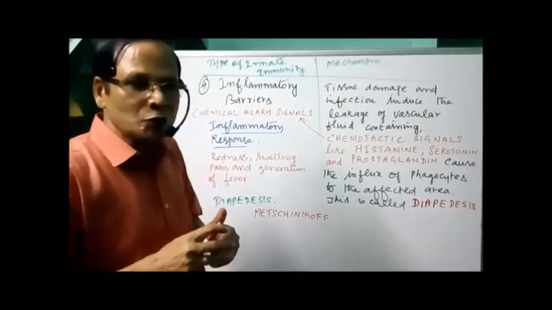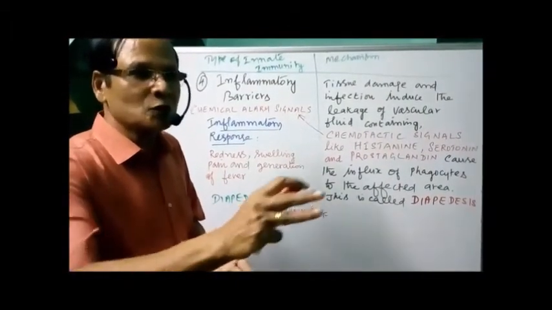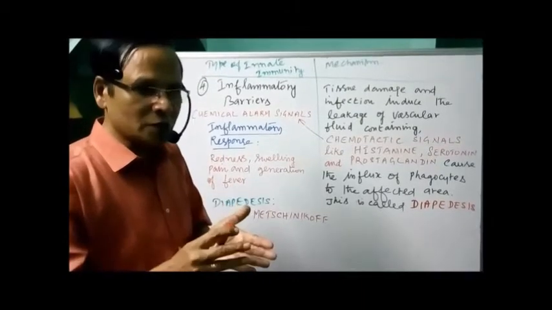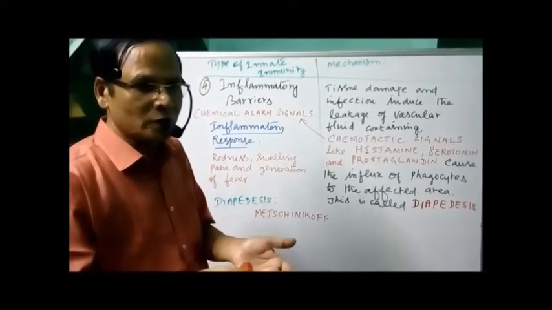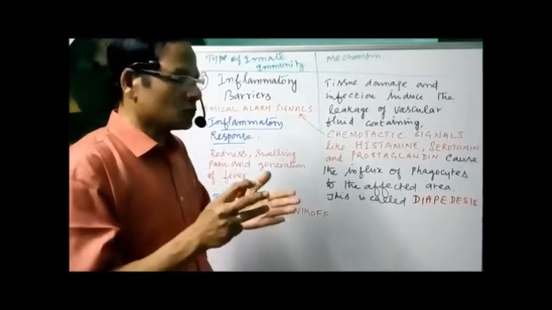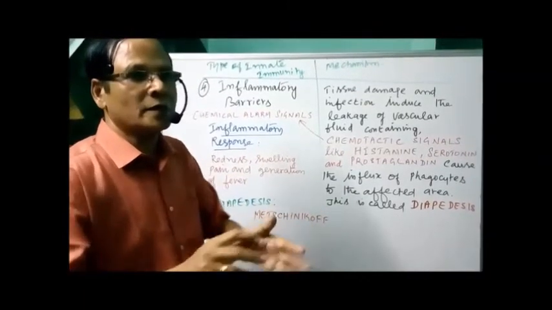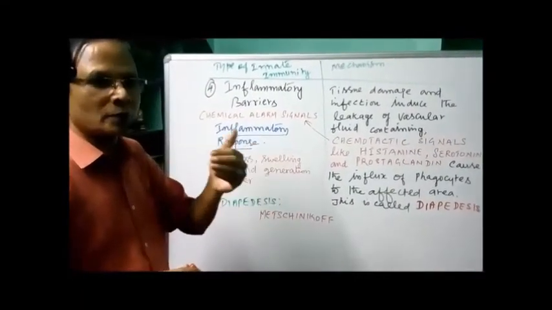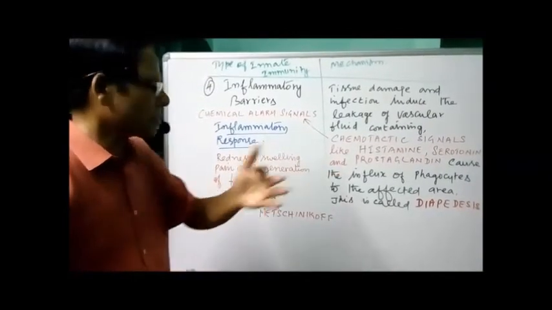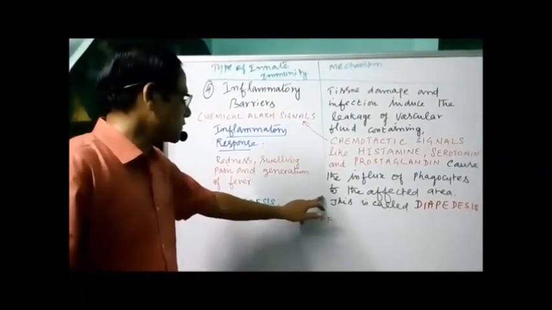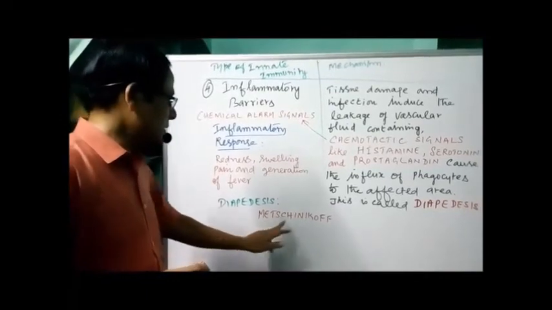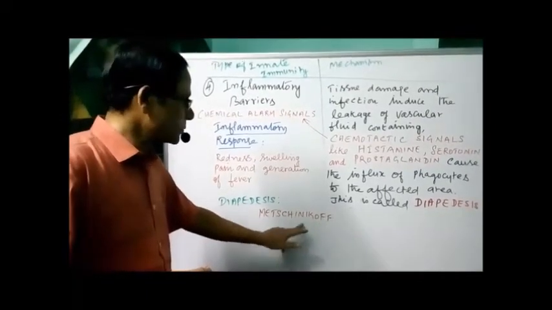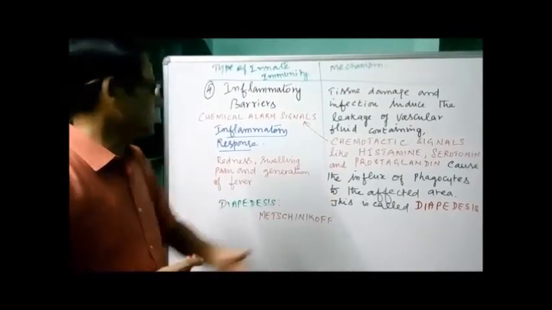This is nothing but the squeezing of WBCs through the wall of the blood vessels to reach the tissue fluid, the affected area where the leakage of fluids occurs. This is simply the squeezing of WBCs through the wall of the blood capillaries. And that was first reported by Metchnikoff. That's the name of the person who observed diapedesis of WBCs.